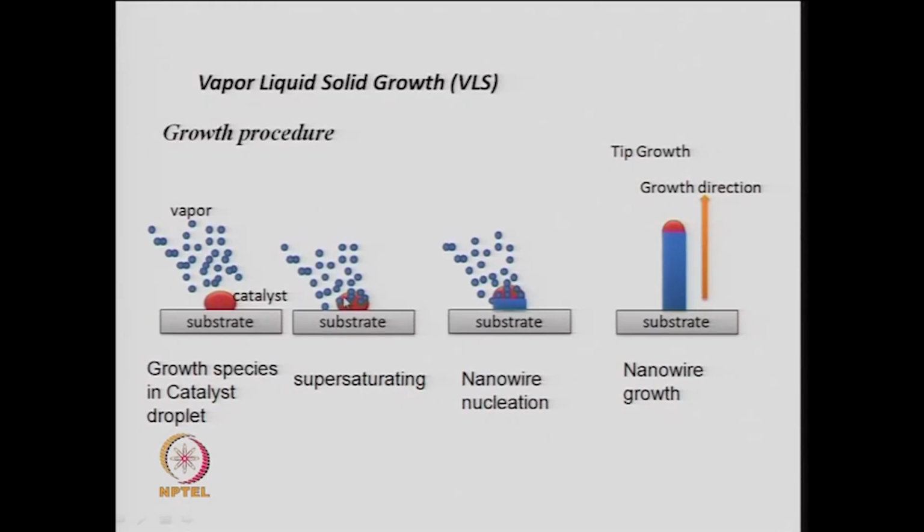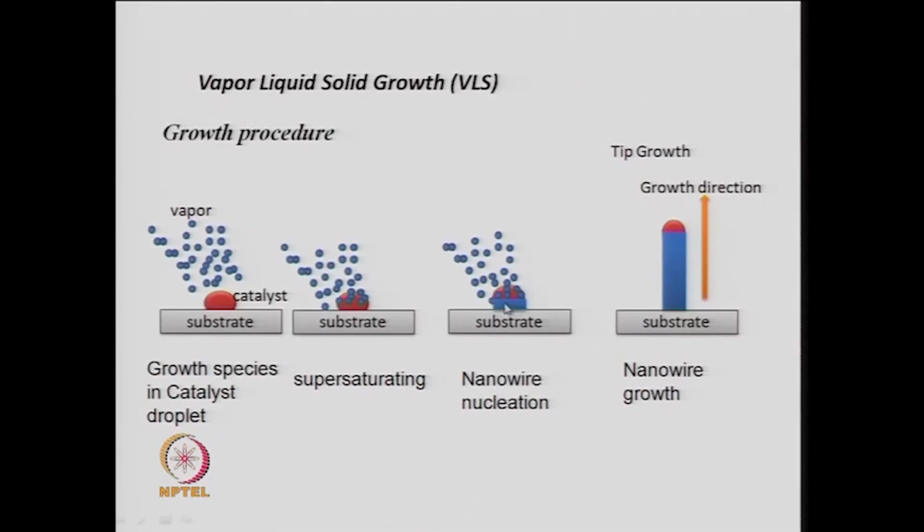That is what is being shown here, that these vapor phase molecules get into the catalytic drop and then move towards the substrate. Once they hit the substrate, this vapor phase becomes a crystal or polycrystalline material, depending on whether you are growing a single crystalline nanowire or a polycrystalline nanowire.